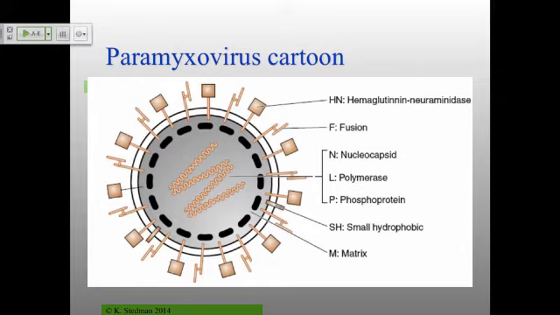The outside is something a lot similar to what we've seen before. We've got hemagglutinin neuraminidase. In this case, it's one protein binding to sialic acid, chopping off that sialic acid. Then there's a separate fusion protein in the case of these Paramyxoviruses. In VSV, the rhabdovirus, both of them are together as the same protein.